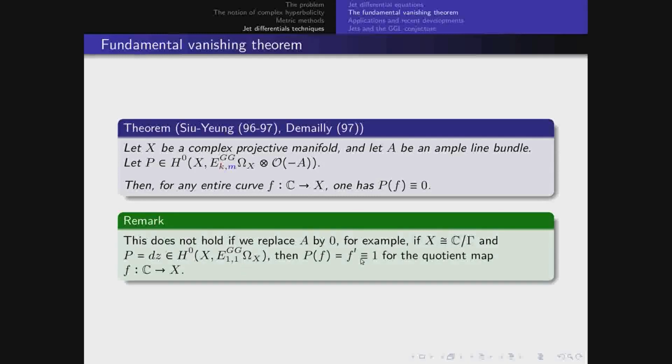Then if you take the standard quotient map f from C to X, the value of this differential equation applied to f will be f prime, and it's constant equal to 1. So it's certainly not 0. Hopefully it will appear in the sketch of the proof of this theorem why we need this minus A.